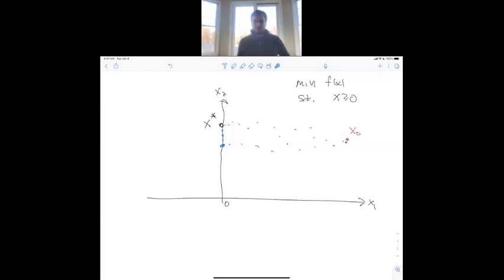In a two-dimensional example like this, it doesn't really matter much between the red and the blue dots. But if you have a problem with hundreds of thousands or millions, tens of millions of variables, and at the solution the vast majority of the components of x star are 0, then if you can identify those quickly, you're effectively reducing the size of the optimization problem to just the variables that are non-zero, the ones that are allowed to change.